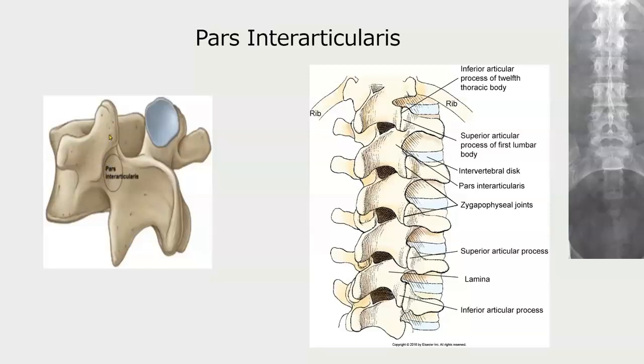Behind the transverse process, just inferior to the facet, would be the pars interarticularis. And then posterior to that would be in the region of the lamina. From here, this would be the spinous process. Inferior articular facet or process here, or superiors are here.